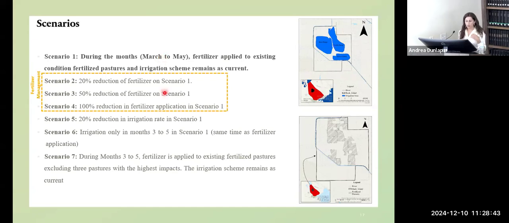Scenarios 2, 3, and 4 are categorized as fertilizer management, defined by a percentage reduction in fertilizer application: 20%, then 50%, and 100%, which means no fertilization.